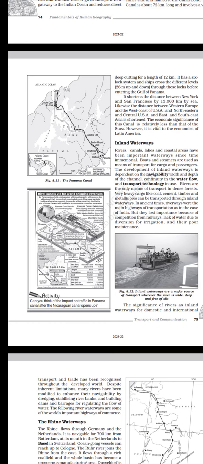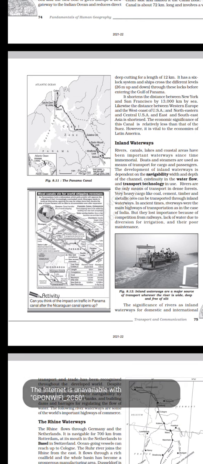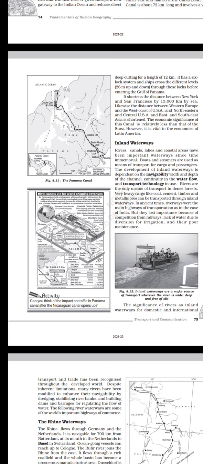In ancient times, riverways were the main highway of transportation, as in the case of India, but they lost importance because of competition from railways, lack of water due to diversion for irrigation, and their poor maintenance. Take a look at figure 8.12. Inland waterways are a major source of transport wherever the river is wide, deep, and free of silt.